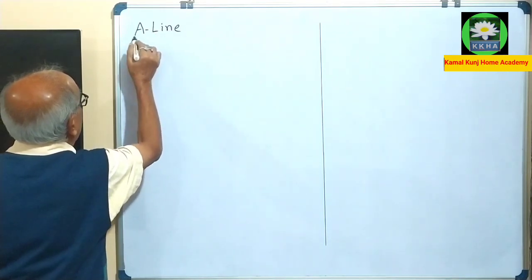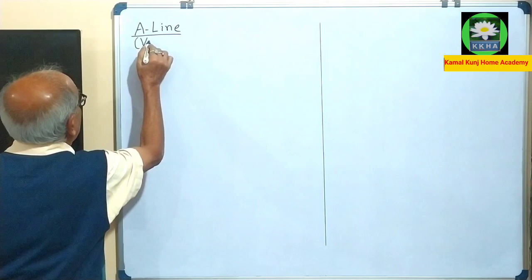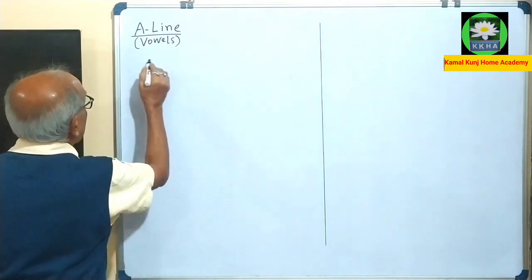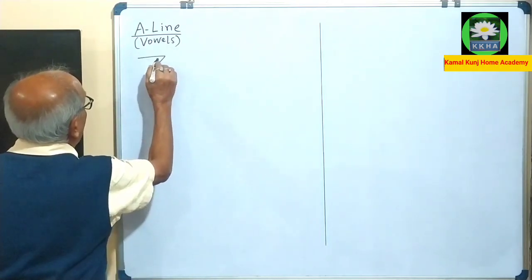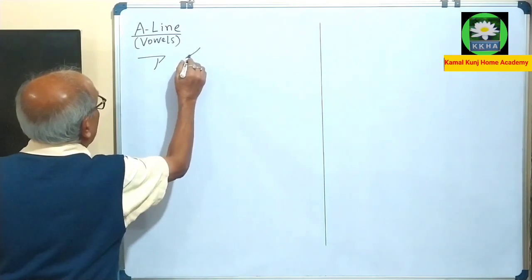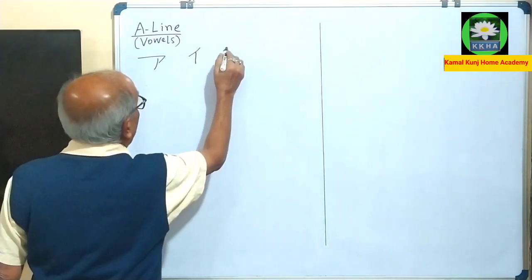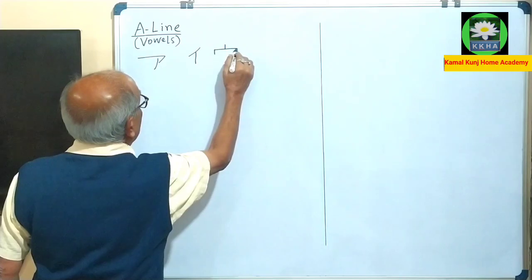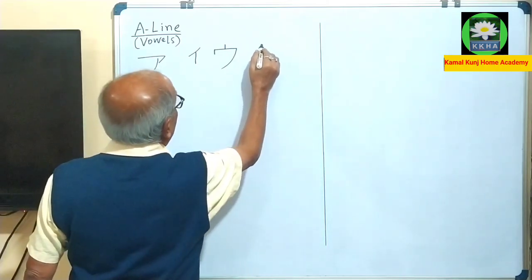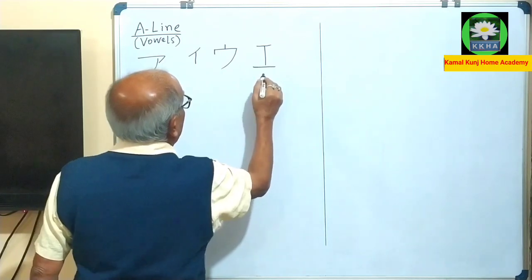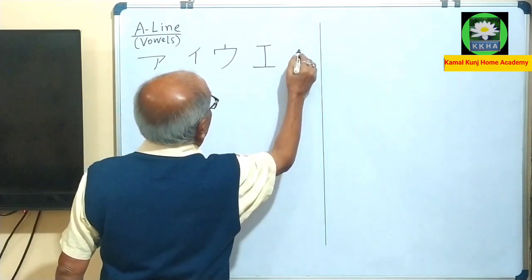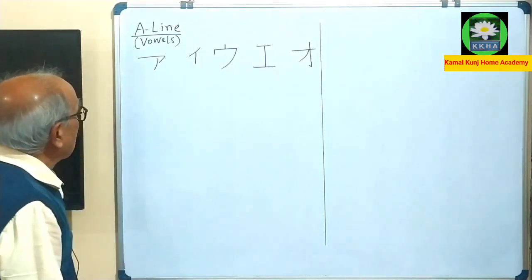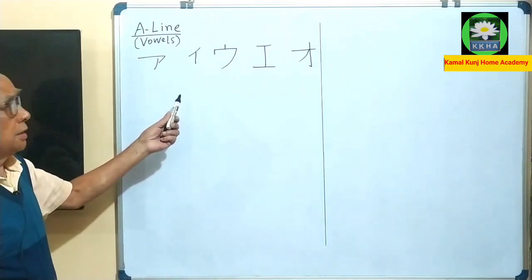A line katakana, that is vowels. These are 5 vowels of katakana.